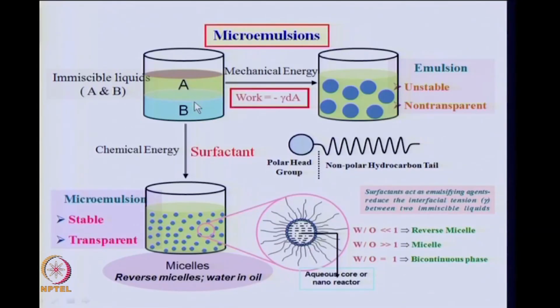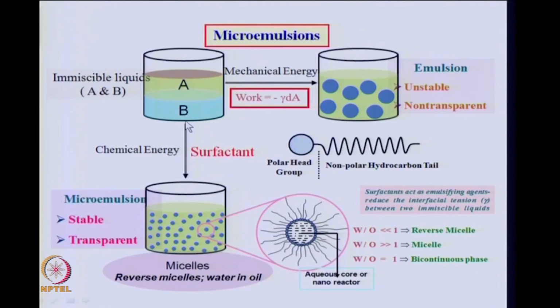Now, if you shake them, giving mechanical energy, you can mix them, but that is only stable for a small time, that is kinetically stable, and that is typically an emulsion. It is unstable and it is not transparent.